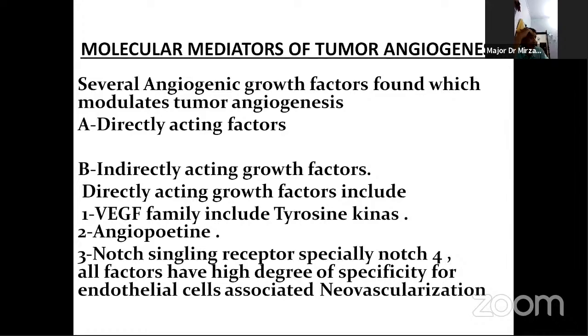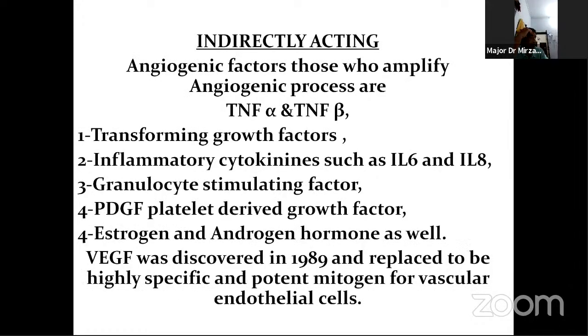These are the direct acting factors. What are the indirect acting factors? Tumor necrosis factor alpha, tumor necrosis factor beta, transforming growth factor alpha and transforming growth factor beta, inflammatory cytokines IL-6, IL-8, granulocyte stimulating factor, platelet-derived growth factor, and some hormones, estrogen and androgen.